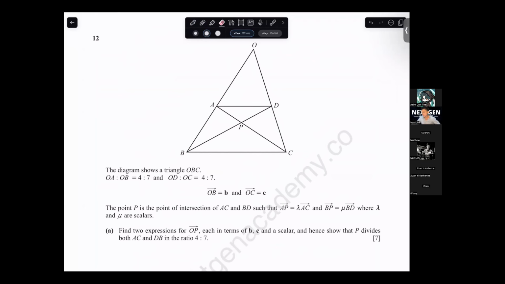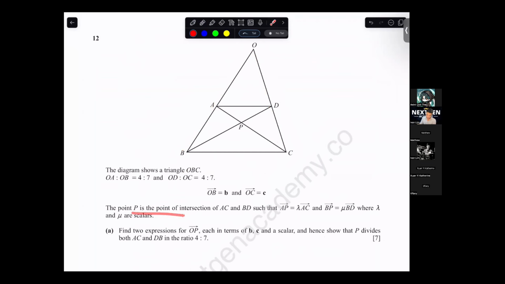I think the proving one, right? Okay, the second part. That's probably one of the last things that I taught you all in the entire syllabus. Okay, let's see here. They give us triangle OBC. OA to OB is 4 to 7. OD to OC is 4 to 7. OB is b. OC is c.